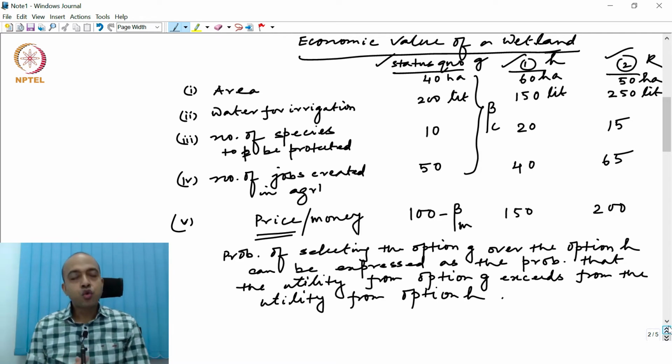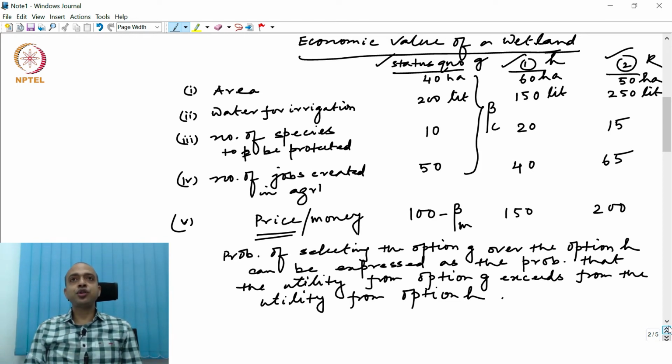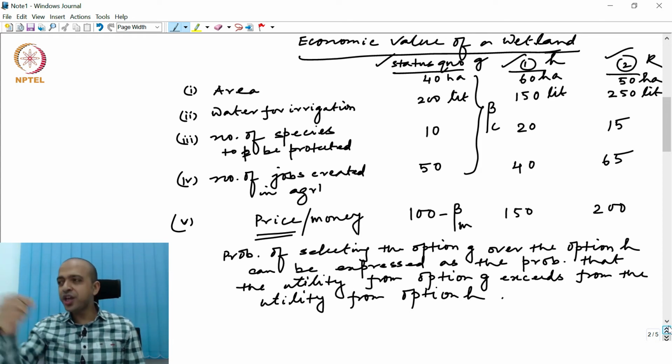Secondly, what was the second problem of contingent valuation method? Second problem was strategic bias, that means the warm glow effect or free riding. Since in contingent valuation method we are giving the respondent the freedom to quote their willingness to pay, they can overbid or underbid.